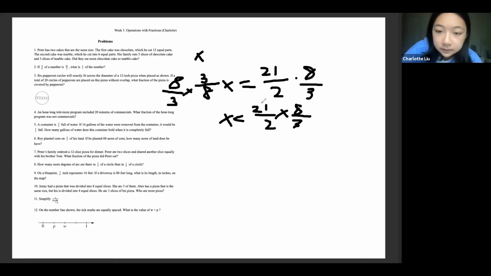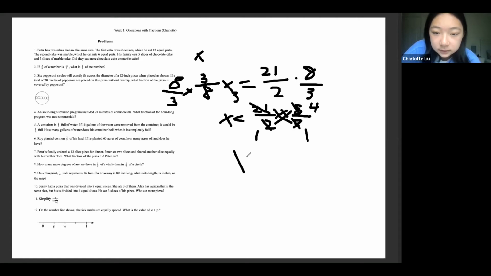You look at the two numbers that are diagonal from each other. So let's see, 2 and 8. 8 is divisible by 2, so you can cross out the 2 and divide 2 by 2, which is 1. And you can also divide 8 by 2, which will be equal to 4. You can do the same thing with 21 and 7. You divide 7 by 7, which is 1, and you divide 21 by 7, and you'll get 3.